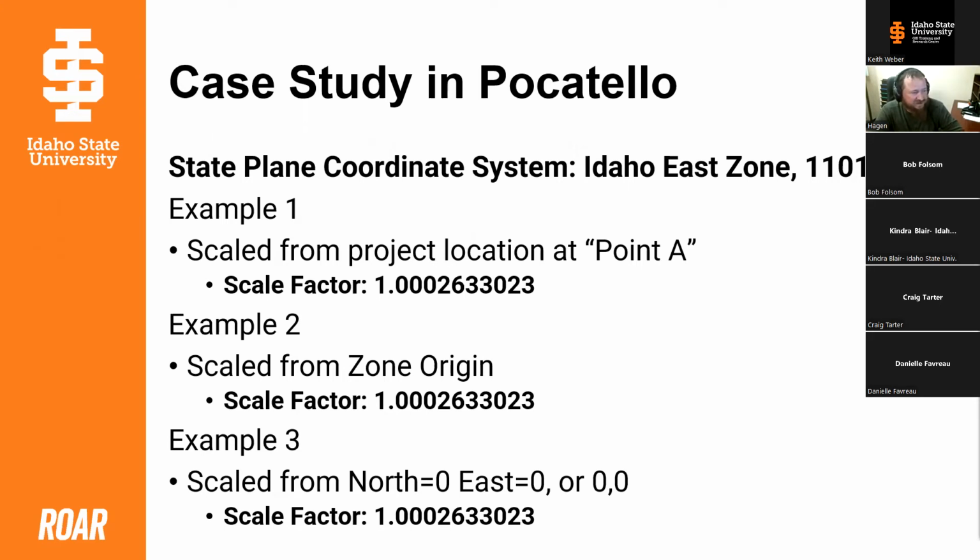And I think this is how a lot of people assume it is always done, but it's not. And then for the third example, we are going to look at one where the surveyor chooses to scale the coordinates from an origin of 0, 0, meaning that the northing is 0 and the easting is 0. Hopefully this will make more sense as we go through these.